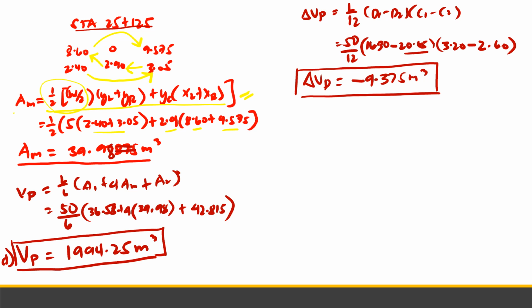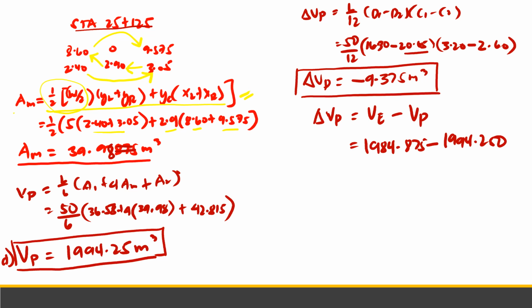Or by simply knowing that the prismoidal correction is also the difference between the volume using the end area method and the volume using the prismoidal formula. So the volume using end area method, 1984.875, minus 1994.250, gives the prismoidal correction equal to negative 9.375 cubic meters.